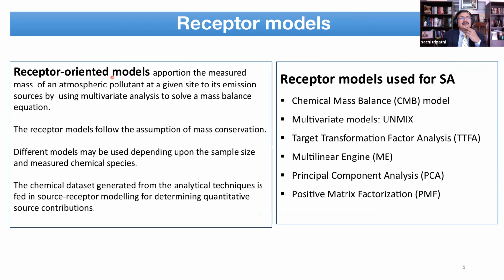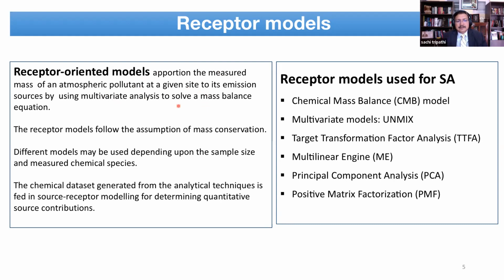Okay. So what you do here is whatever you measure at a site, which is called the receptor, you do certain kinds of analysis, and from there you use a multivariate analysis. That is, it's a multi-variable model which is used to solve a mass balance equation.